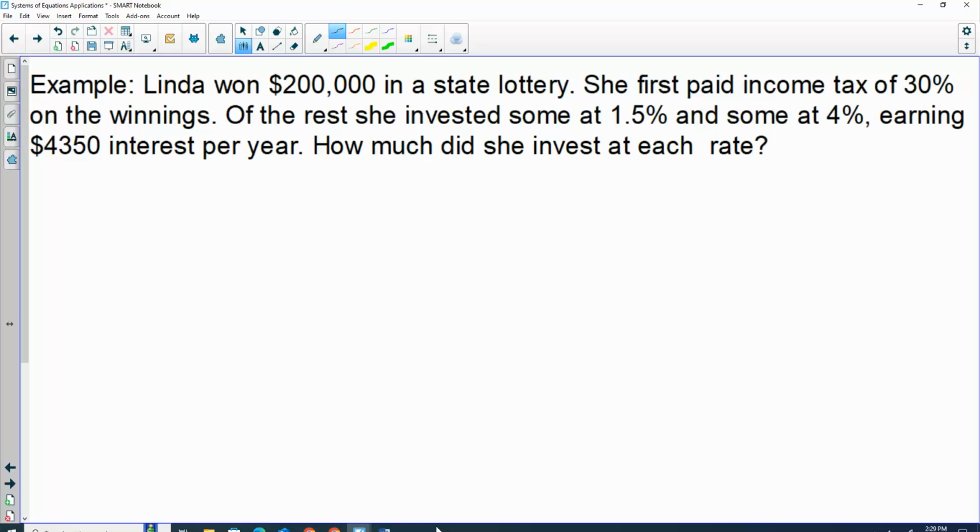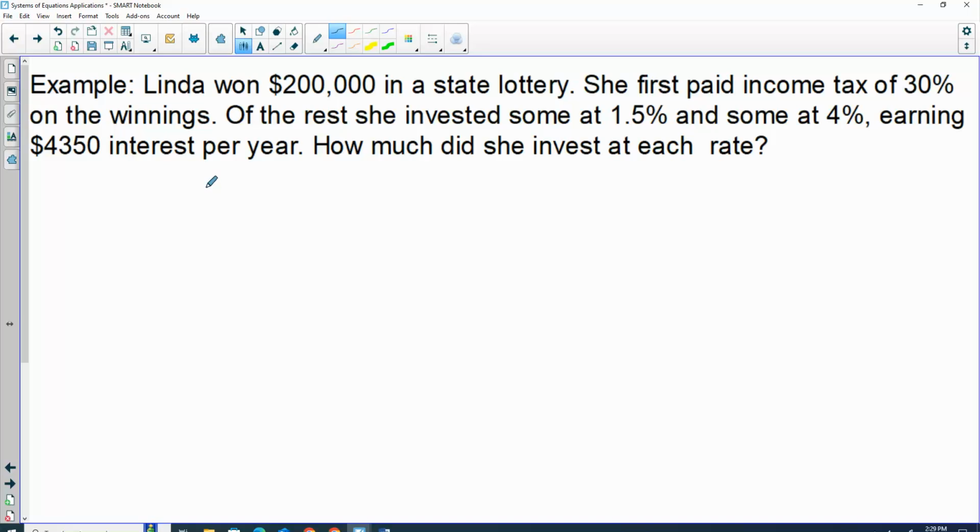She first paid income tax of 30% on the winnings. Of the rest, she invested some at 1.5% and some at 4% to get $4,350 interest per year. How much did she invest at each rate?